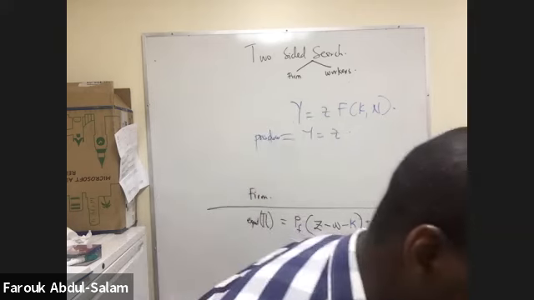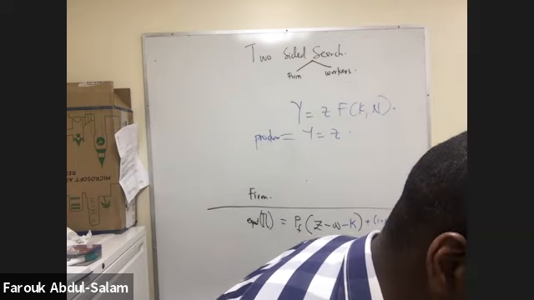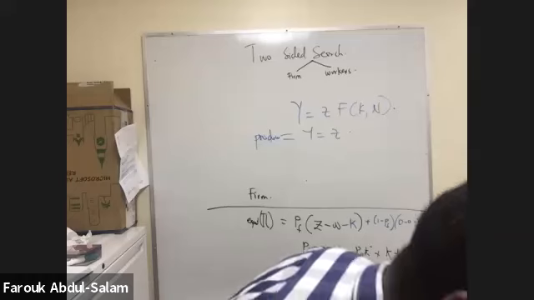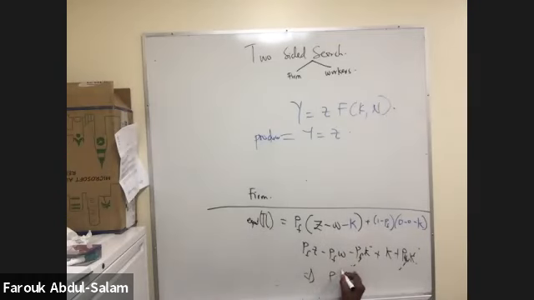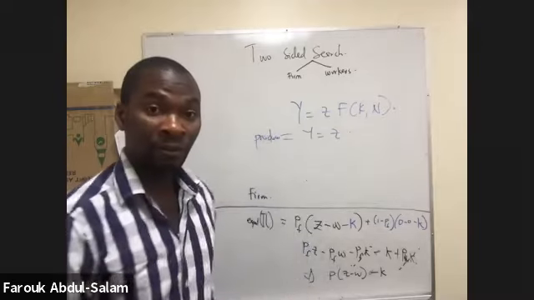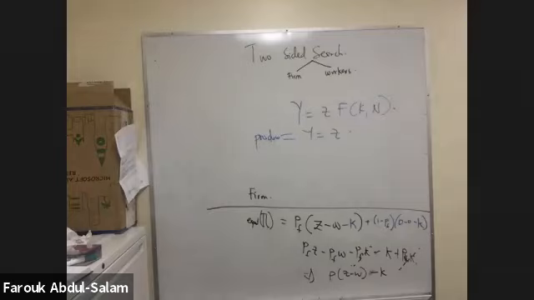Let me write it down for the sake of time. You end up with P of F times Z minus W, minus K. Is that okay with everyone? That's just the math. If you're not getting the math, let me know.